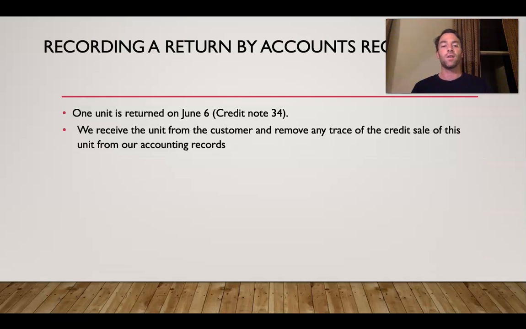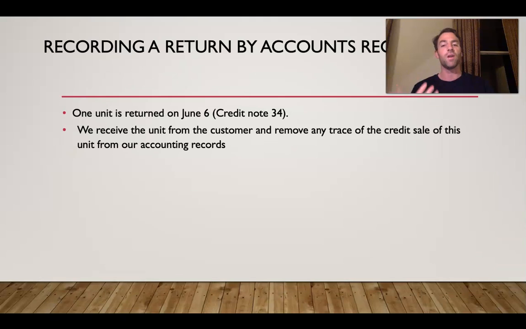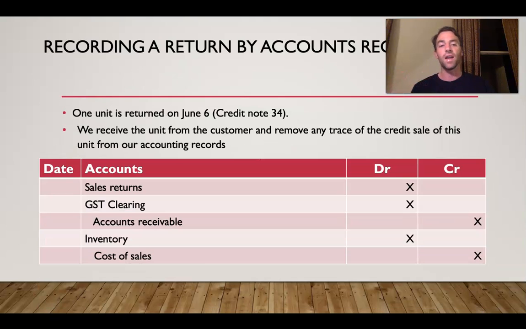So if we look back on here, for example, we have accounts receivable as a debit. If you look at how we reverse it, our accounts receivable will be a credit. Inventory hasn't left our building. We have another where inventory has increased because of this return, because inventory has been returned back to us.